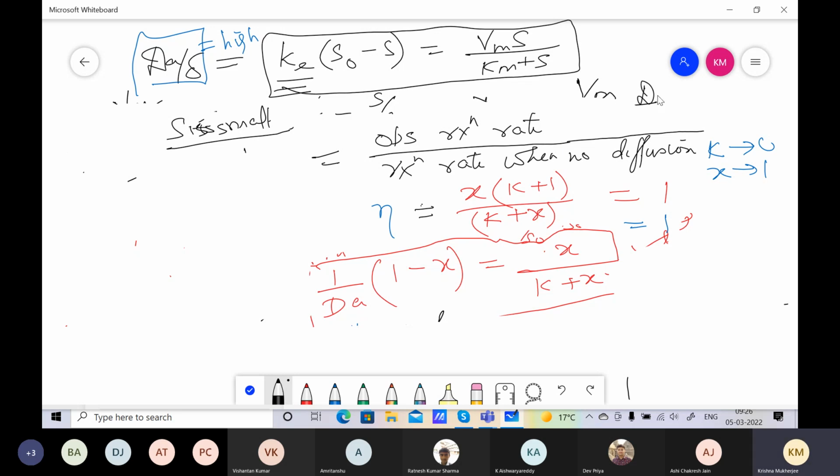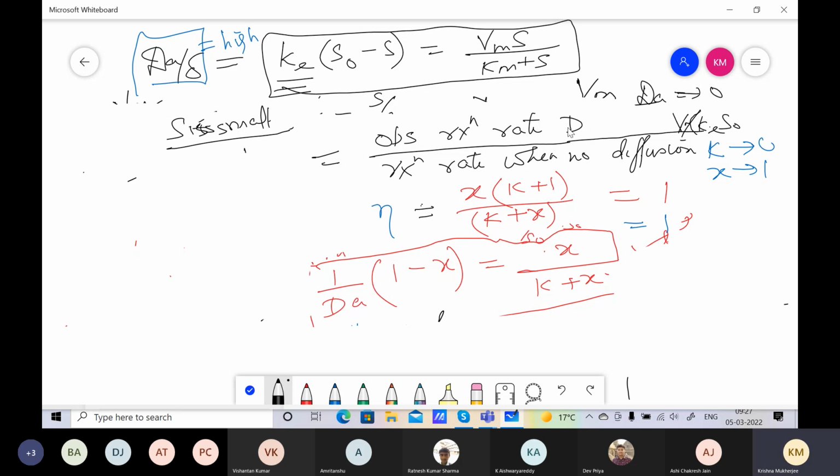I've forgotten. dA is Vmax upon Km, Vmax upon Ke S0. So notice that when dA is small... sorry, I'm saying it the wrong way round. When dA is tending to 0, then you have no mass transfer limitation, but when dA is tending to large values, then you have a problem because Vmax is high and this is small.